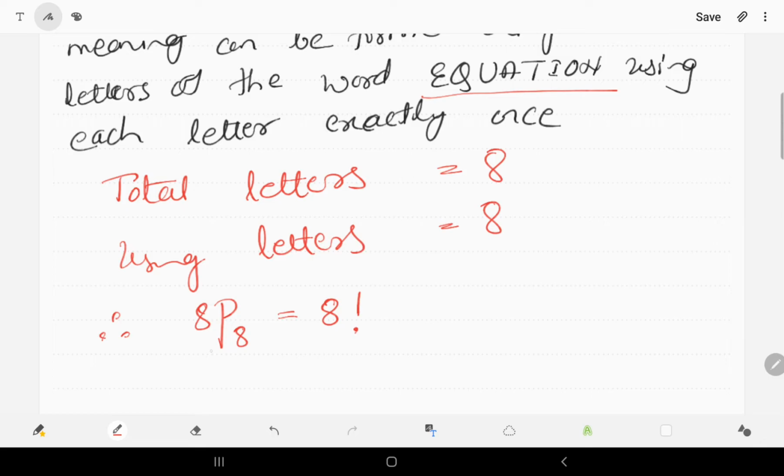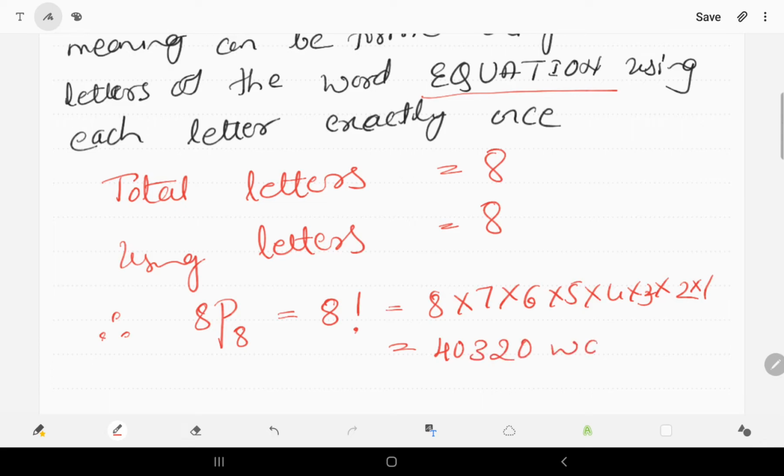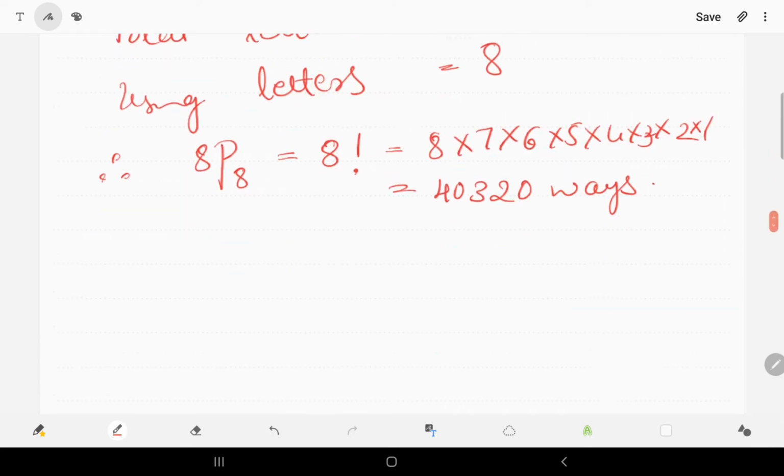We know nPn is equal to n factorial, so 8 factorial ways. That is 8 into 7 into 6 into 5 into 4 into 3 into 2 into 1, that is equal to 40320 ways. Okay.